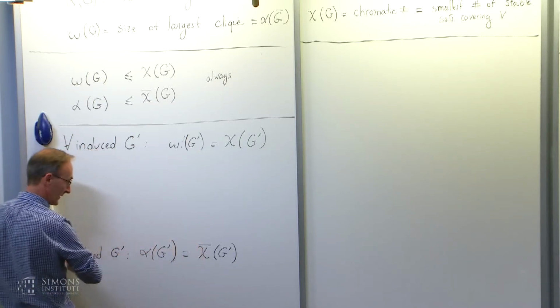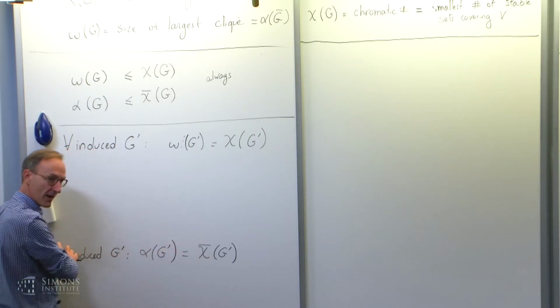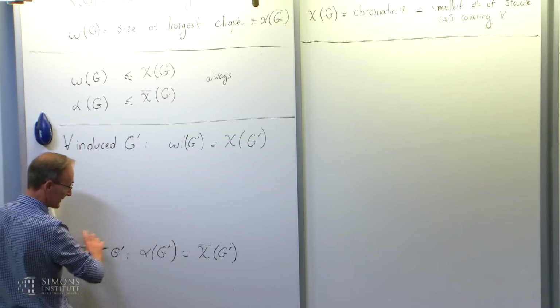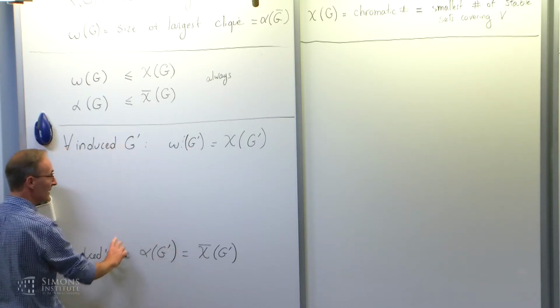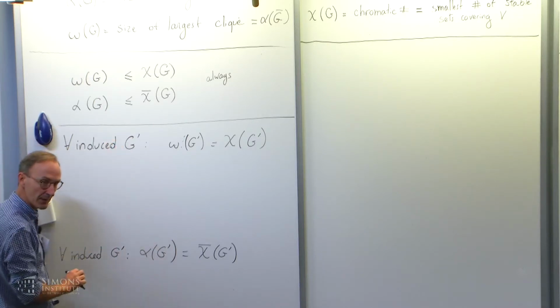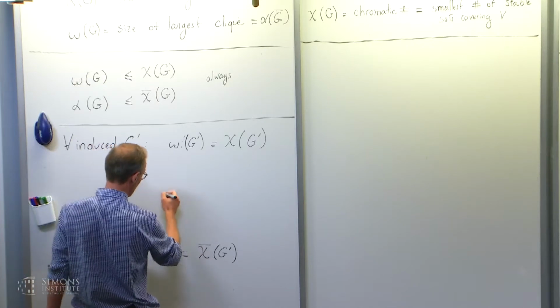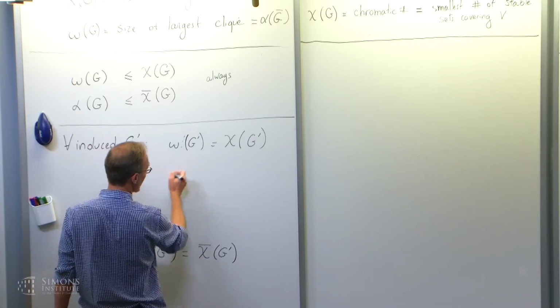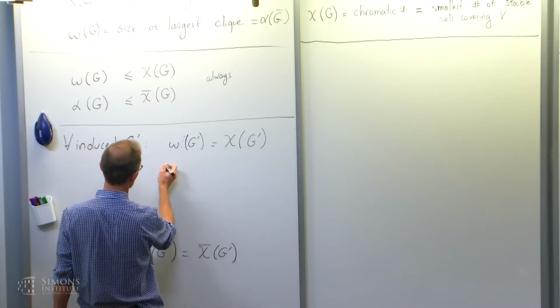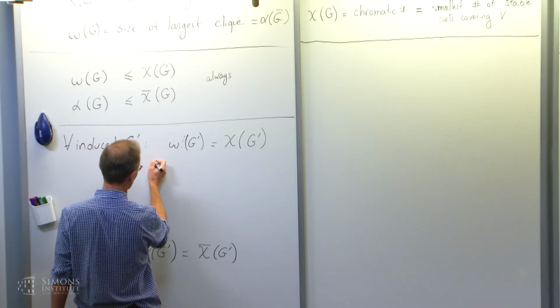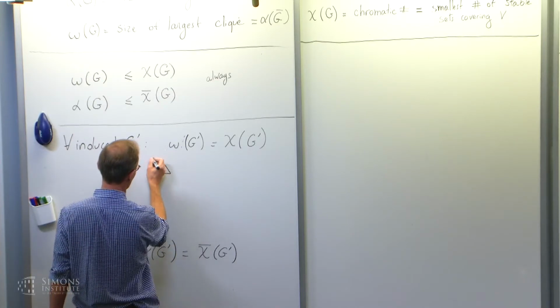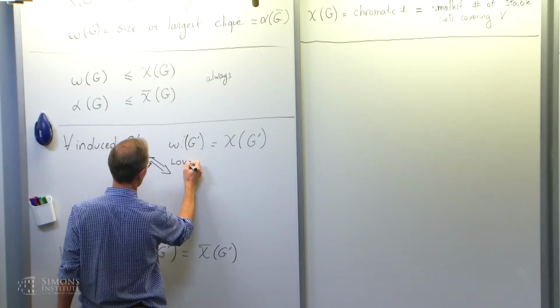And so yesterday I defined this class as the class of perfect graphs. In fact, implicitly I was using the fact that these two classes are actually the same, and that's a result of Lovász. In fact, what Lovász showed was that this is equivalent, so this is Lovász '72.